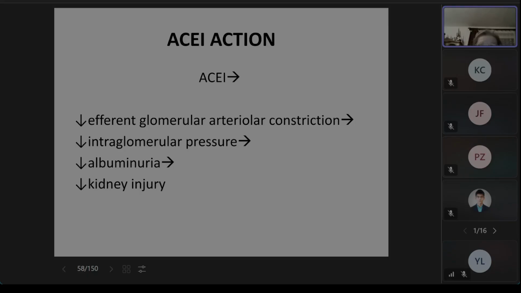The action of ACEs as well as AT1 blockers, this is another name for sartans, is that ACEs can lead to a decrease in efferent glomerular arteriolar constriction, leading to intraglomerular pressure decrease, and finally lowering daily albuminuria. And because of lowering albuminuria, we can expect less injury of the kidneys.